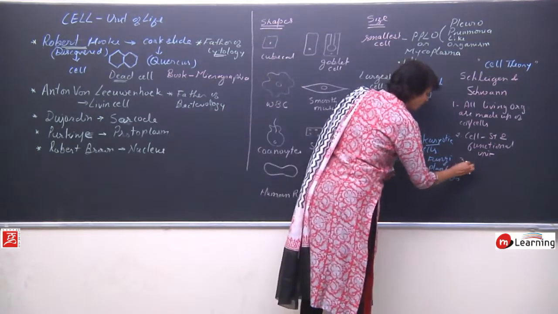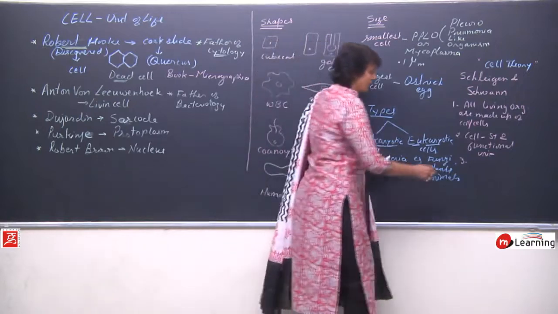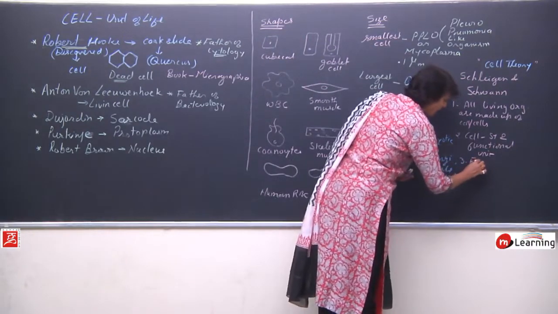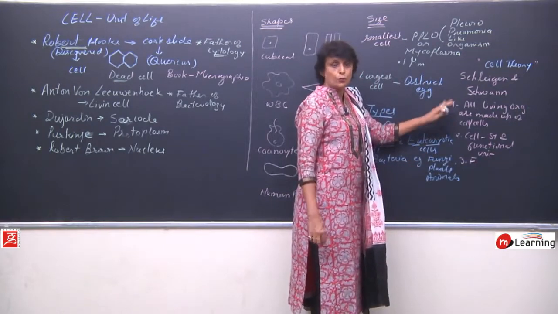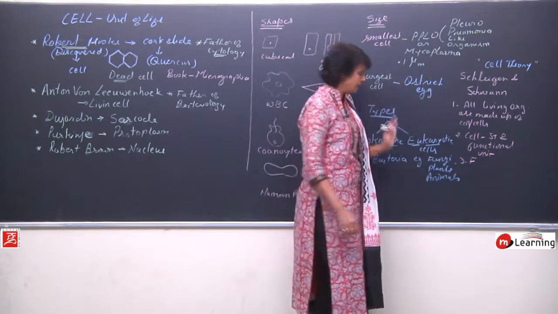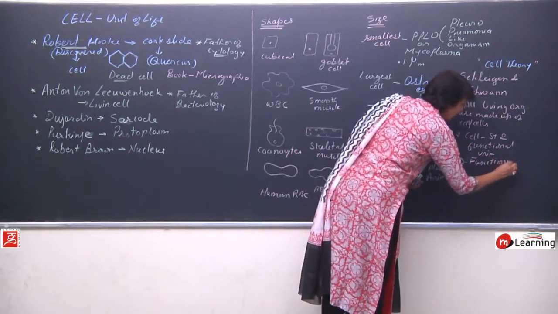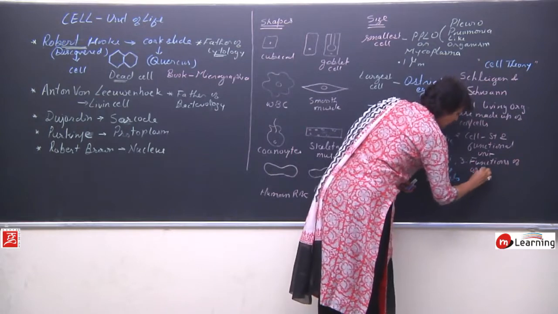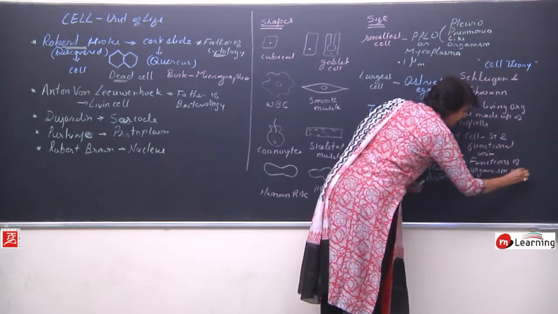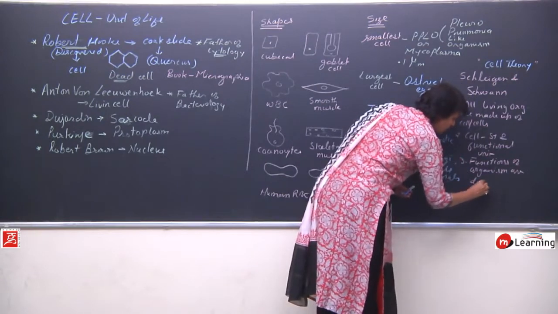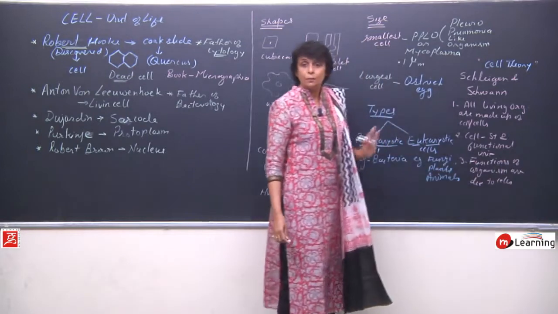Third point was that the functioning of an organism, whatever organism's functions are, is the contribution of all the cells which make up the body of that organism. So, functions of organism are due to the cells which the body is made up of.